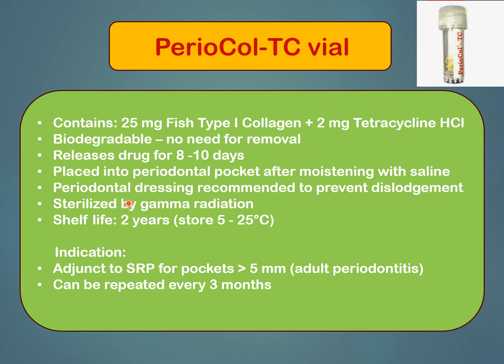Whenever it is placed, periodontal dressing is recommended to prevent its dislodgement, and it is sterilized by gamma radiation, and it has a shelf life of about 2 years. It is used as an adjunct to SRP for pockets greater than 5 mm, and it can be repeated after every 3 months.